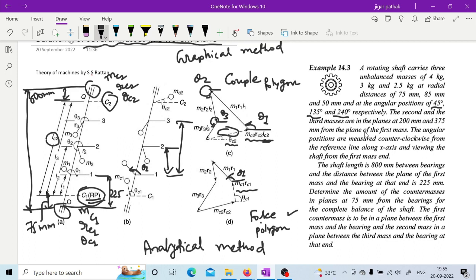So now, can you try? What you have to do is, definitely, you have to first go with that couple balance and then force balance in order to find the balancing mass in the different planes.